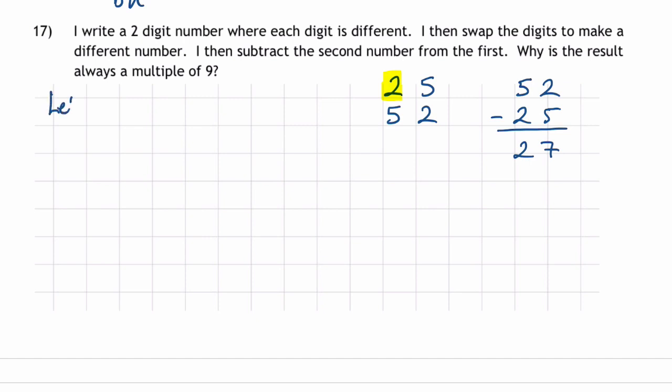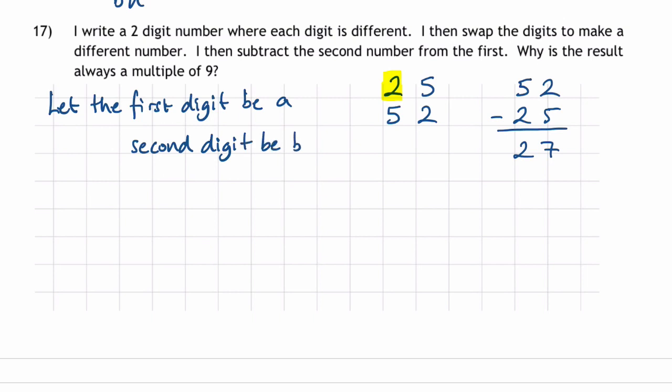Let the first digit be A, and we'll let the second digit be B. So if I think about this, the 2 was actually 20, so it's 2 multiplied by 10.